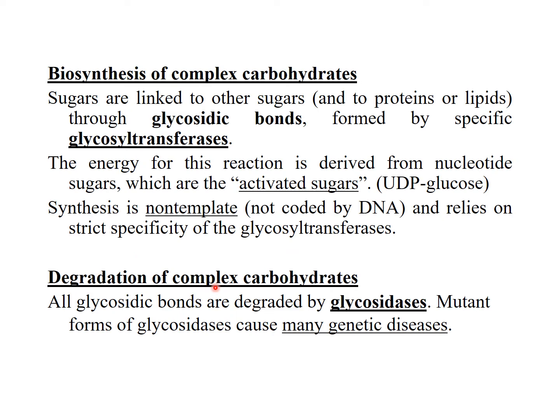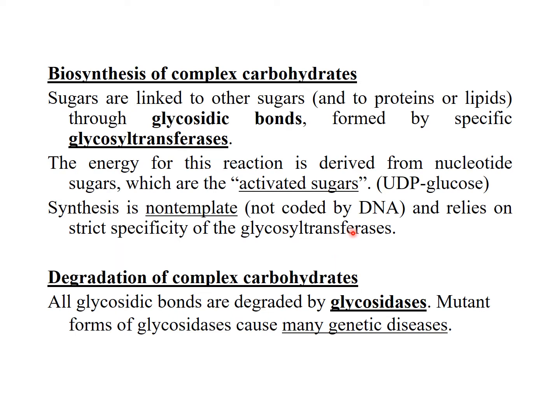Now, of course, when we synthesize these very complex molecules, we need to degrade them, and the degradation is catalyzed by glycosidases. These are hydrolases, which means that they can hydrolyze specific glycosidic bonds.